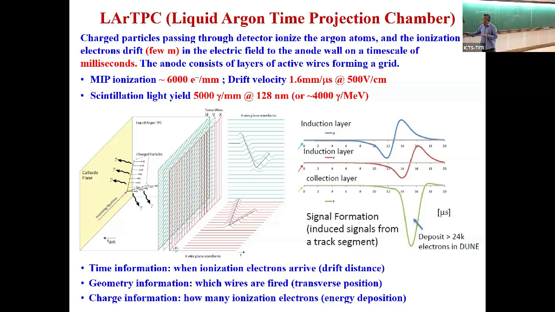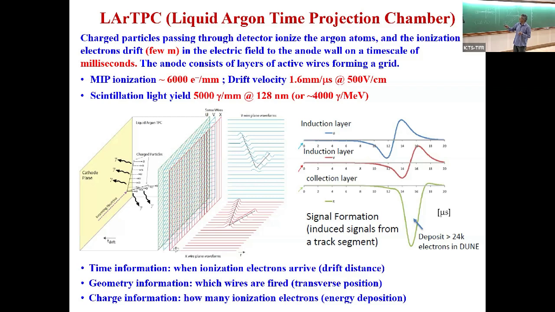When the charged particle passes through, the electrons drift slowly to the anode plane. In this example there are three different planes where the anode wires are at roughly 60 degrees with respect to each other. In these anode wires, the induced signals in the three planes will be something like this.